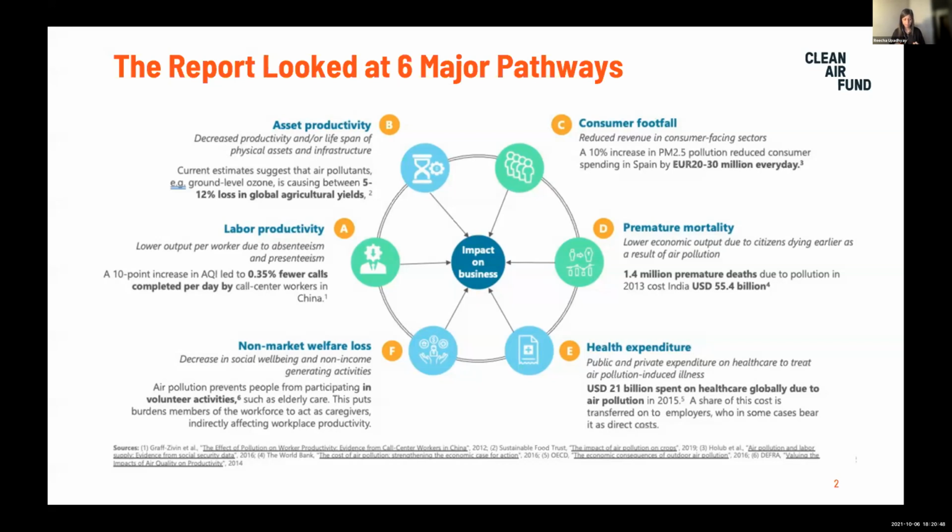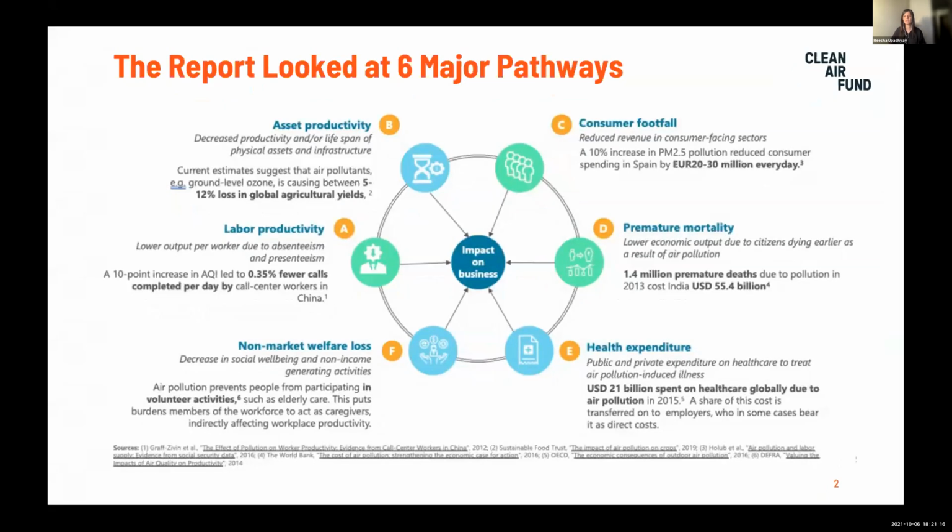It's generally easier to understand that people might not be able to show up at work because they're sick or they have to take care of other sick people in their households. But we also looked at presenteeism, which is when people do show up at work, how does air pollution impact their productivity while they're at work? So really some interesting findings there.